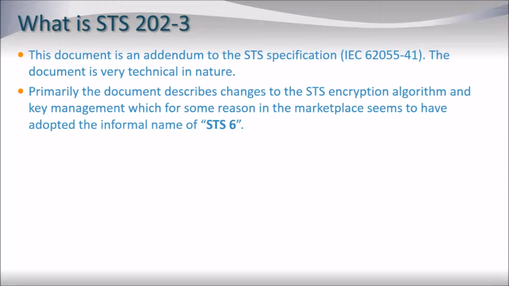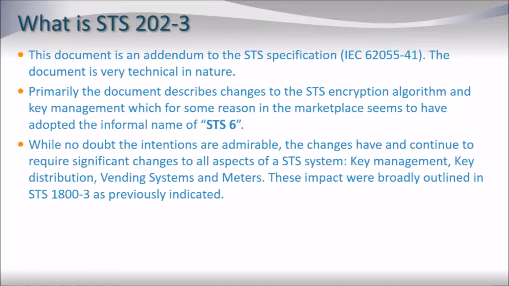Primarily, the document describes changes to the STS encryption algorithm and key management, which for some reason in the marketplace seem to have adopted the informal name of STS 6 as mentioned previously. While no doubt the intentions are admirable, the changes have and continue to require significant changes to all aspects of an STS system: key management, key distribution, vending systems, and meters. These impacts were broadly outlined in STS 18003 as previously indicated.